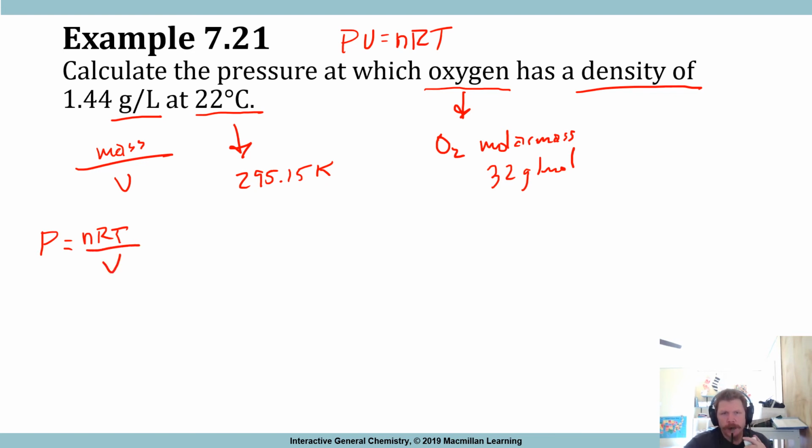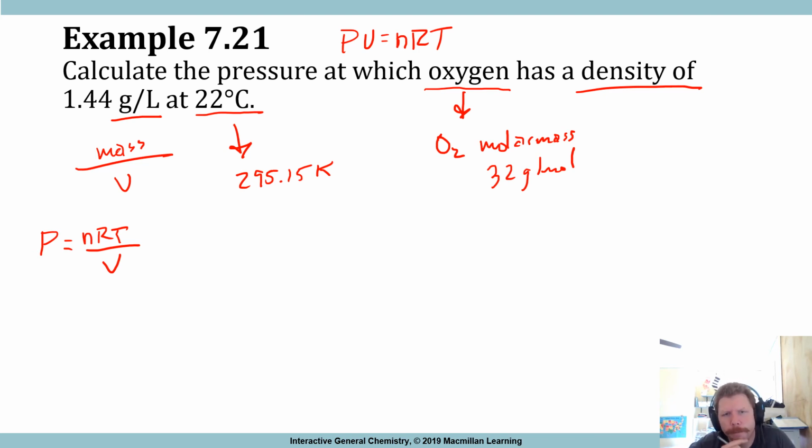Okay, now let's see. I have effectively a volume because I have my density. So what I want to do is use this information that I have and basically plug it into PV equals nRT, or P equals nRT divided by V.